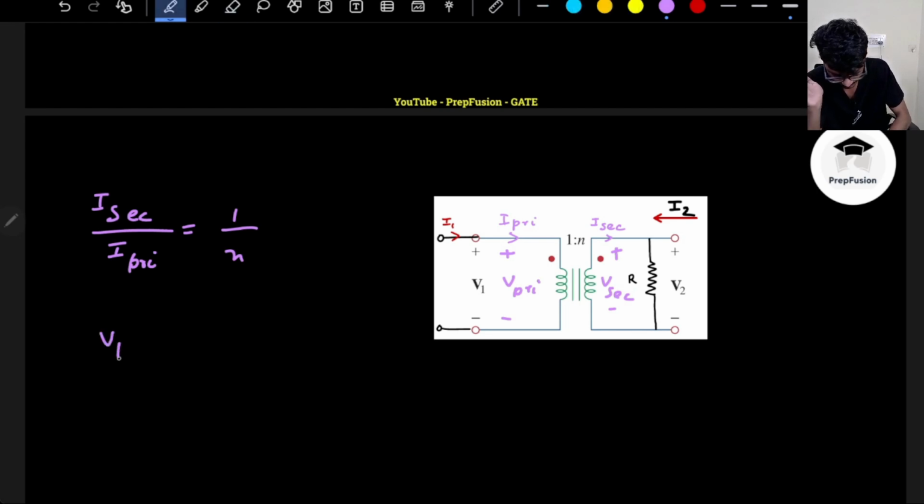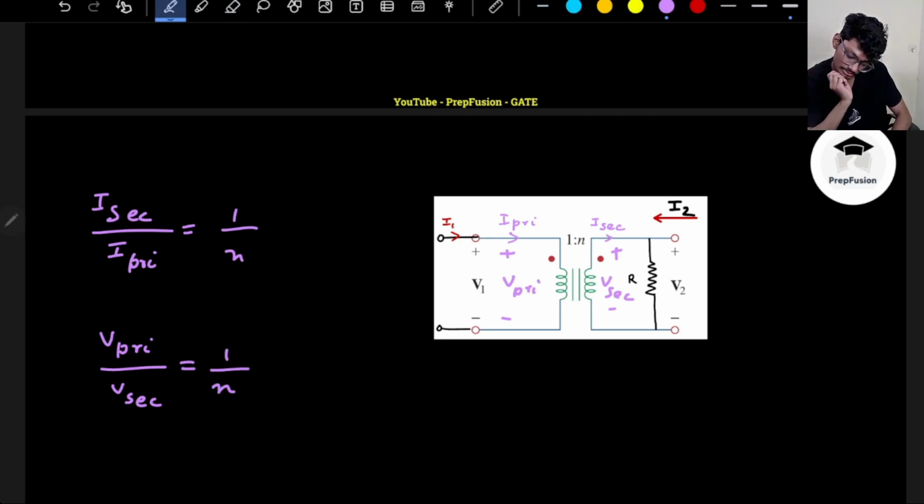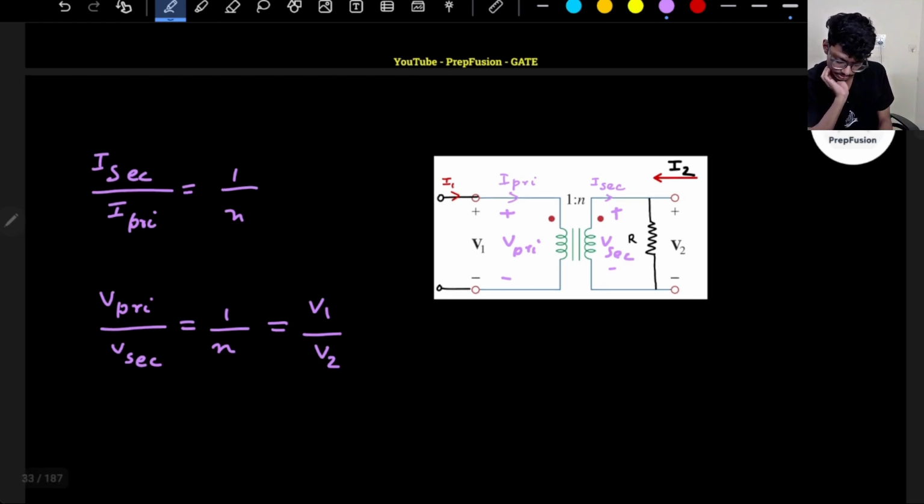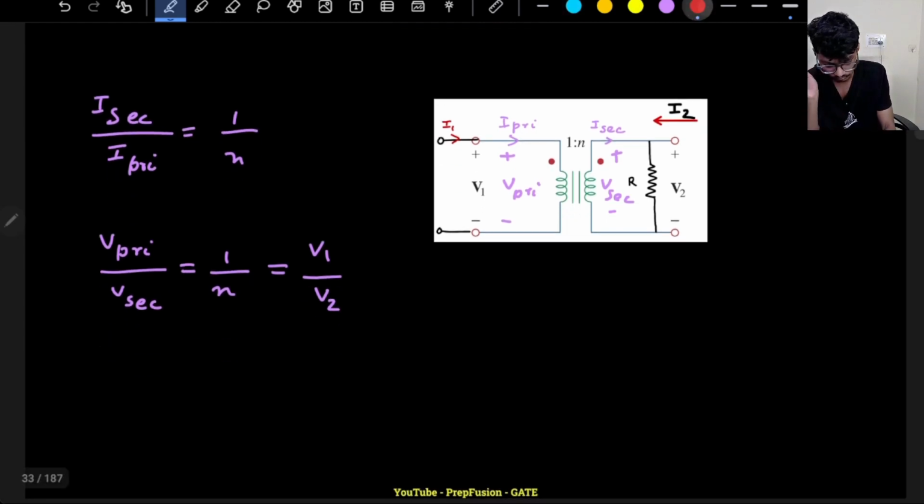So V primary divided by V secondary will be equal to 1 by n, where V primary is equal to V1 only and V secondary is equal to V2 only. Now we can solve. We have to find out the Z parameters, so I will take the help of KCL and KVL.